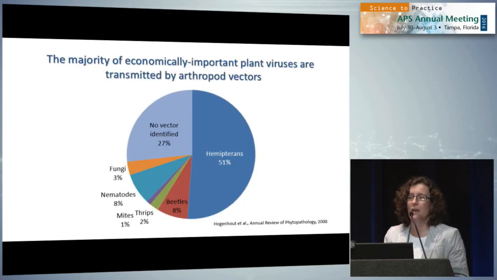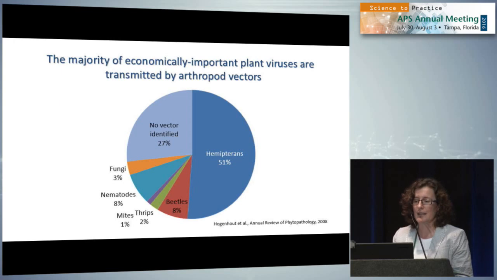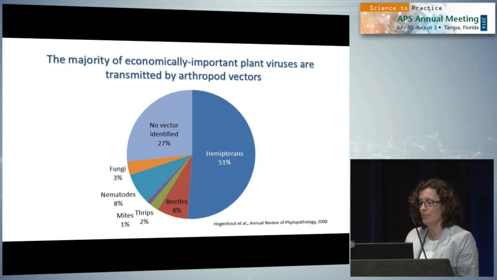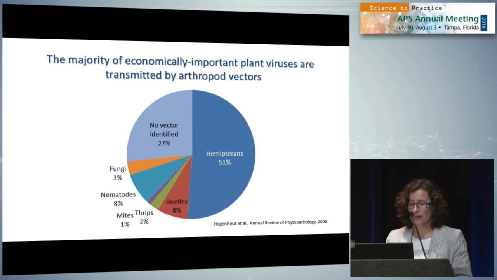When you think about plant viruses, and we just had that nice presentation on these persistent viruses, today I'm talking about mainly the acute and economically important plant viruses, and the majority of them are transmitted by arthropod vectors. When you look at this graph, you can see most of them are transmitted by hemipterans. That would be aphids, plant hoppers, leaf hoppers, whiteflies, psyllids.